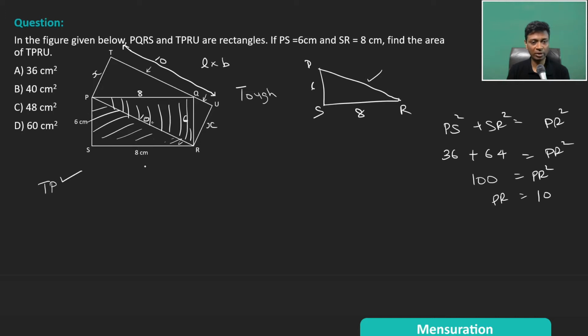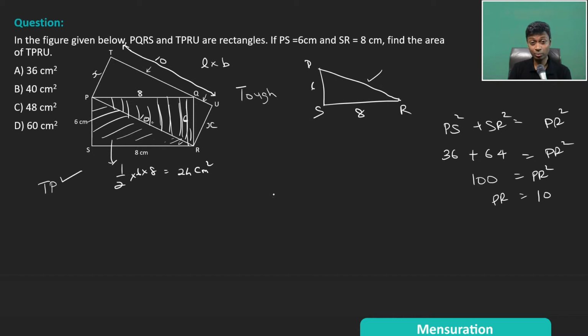It's half into base into height. The diagonal of a rectangle cuts the rectangle into two equal parts. So this area will be half into 6 into 8, which is 24 square units. Likewise, this area is half into 6 into 8, 24 square units.